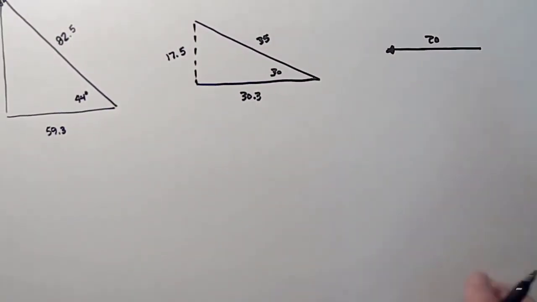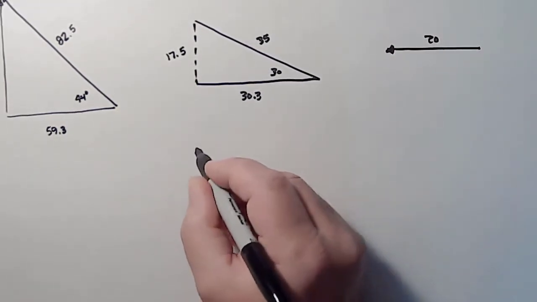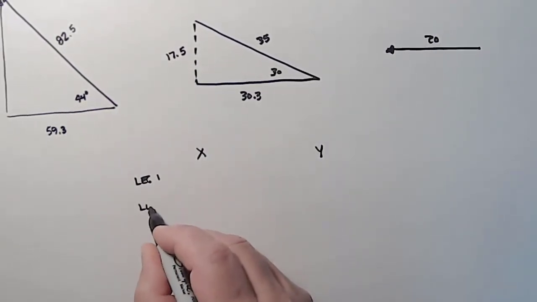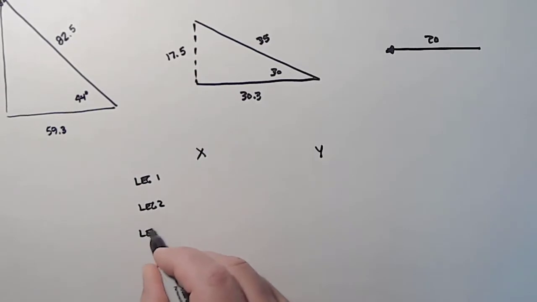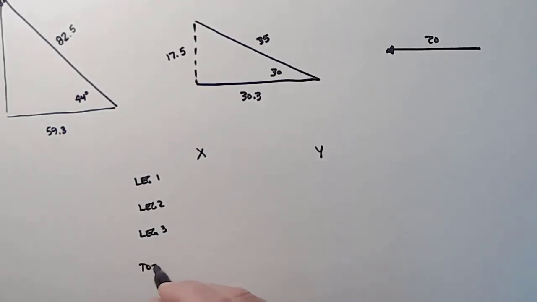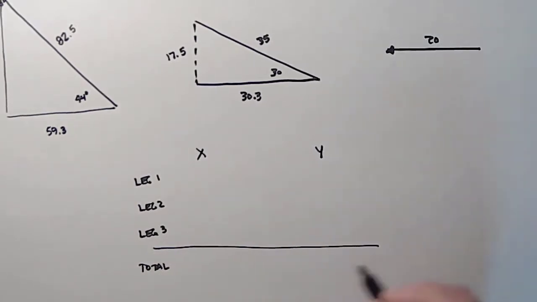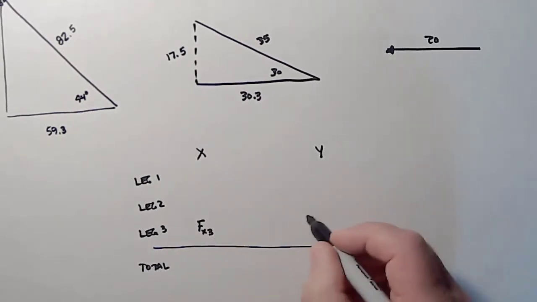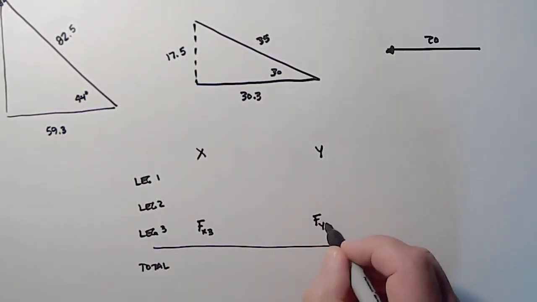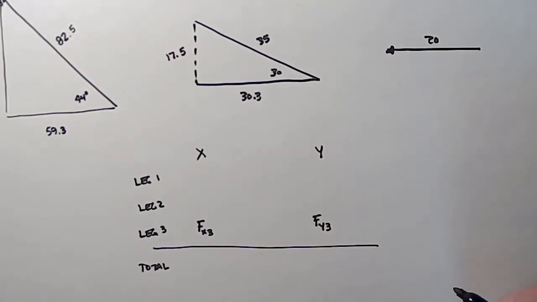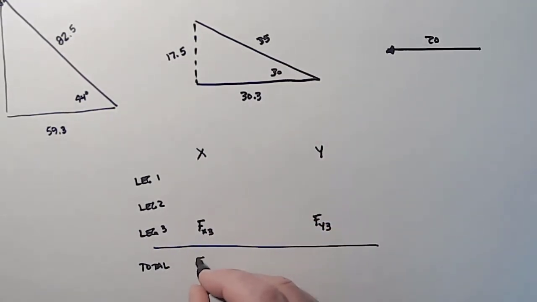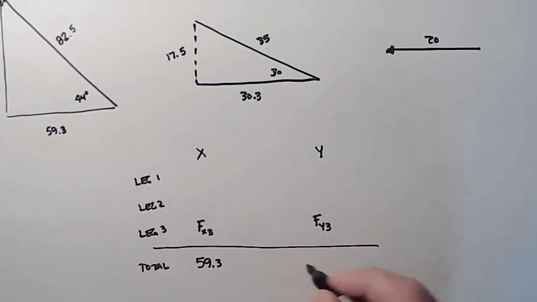The next thing I do is I make a table, like I always make a table. X, Y, leg 1, leg 2, leg 3, and the total. Now, this is the unknown. These other legs are the things I know. I know that the x coordinate is 59.3 and the y coordinate is 57.3.